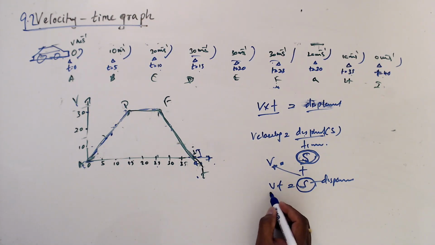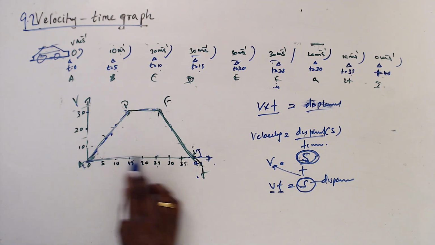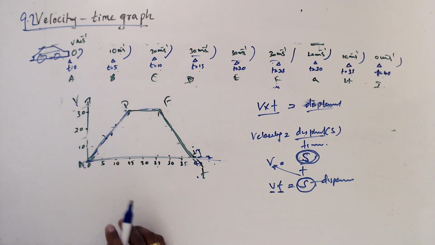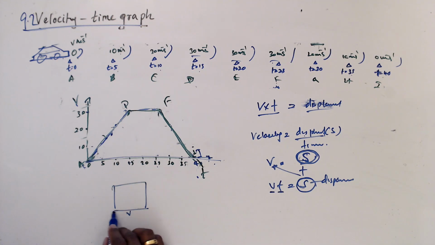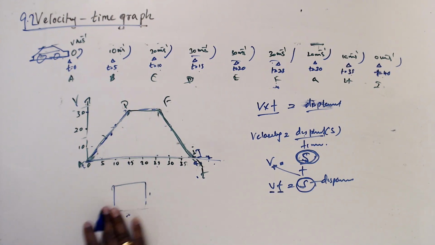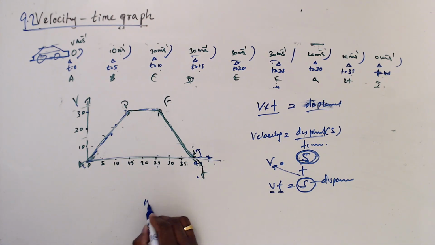V is one dimension, T is another dimension, the x-axis and y-axis. When you multiply two dimensions, what do you get? It is like a box, length multiplied by width. When you multiply two dimensions, you get area.